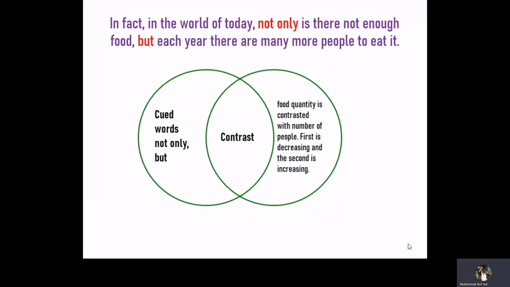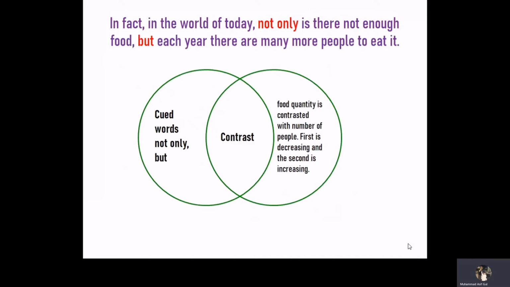Here, food quantity is contrasted with the number of people, and we are informed that food quantity is decreasing and the number of people is increasing. So we have seen how this activity of graphic organizer helped us in understanding this single sentence.